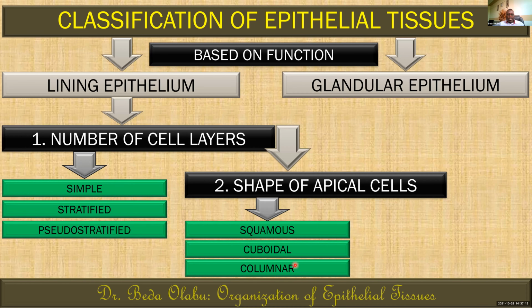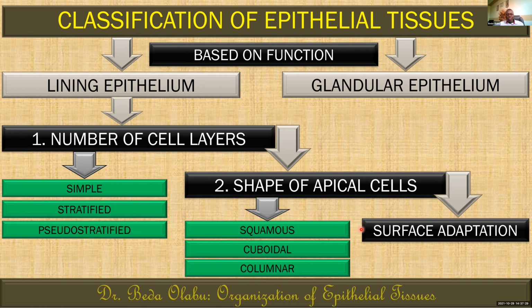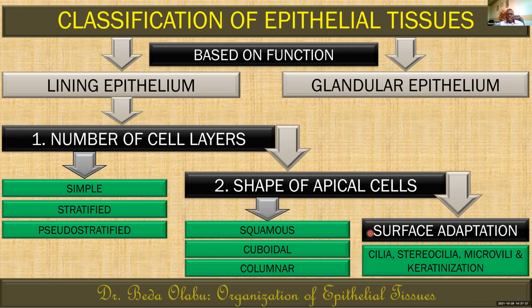In most cases, the story will end there. So you look at lining epithelium first, number of cell layers, followed by the shape of the cells on top. But there are times we go to the third parameter, where we check the type of surface adaptation. So on this one, we want to say whether the epithelium has cilia, then we say it's ciliated.